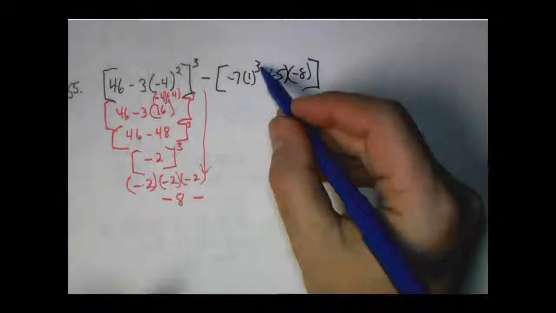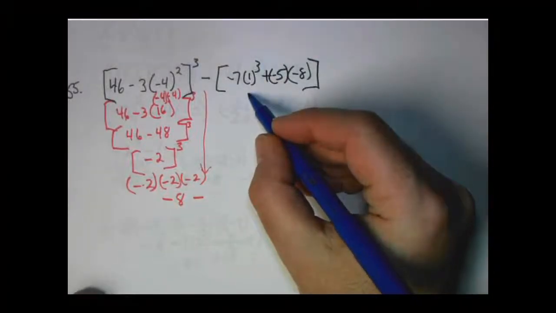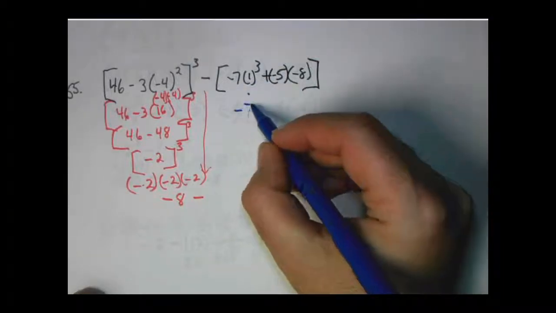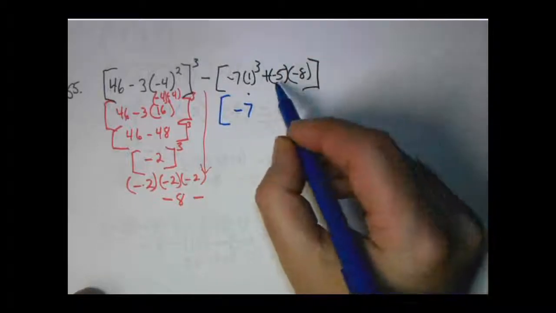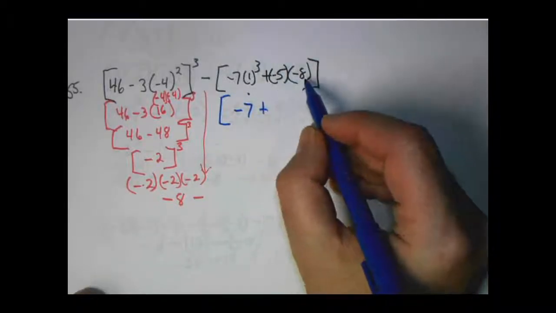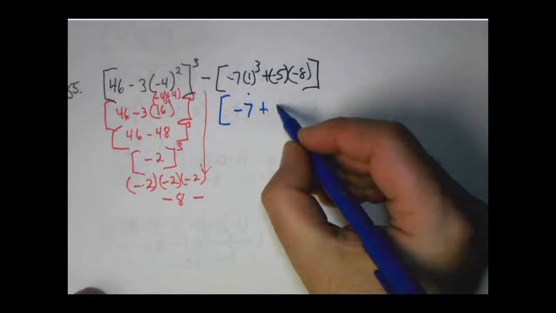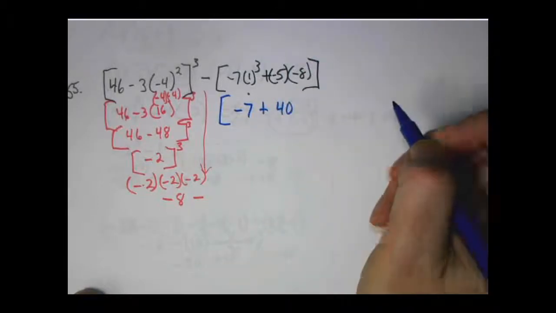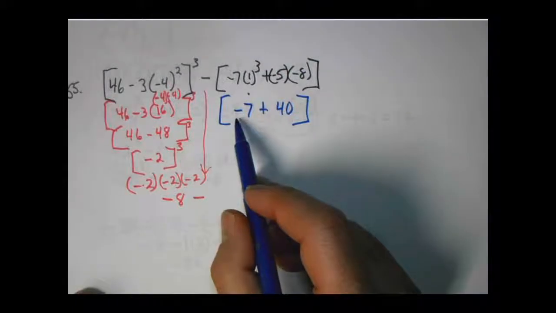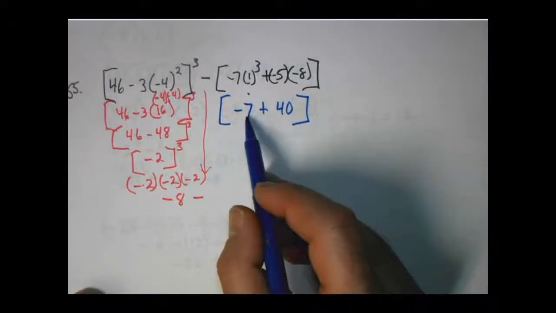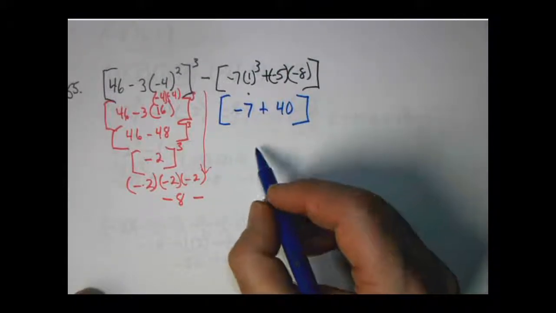Okay, well, 1 to the third, 1 times 1 times 1 is still going to give me 1. Times negative 7 is going to give me negative 7. And then I'm going to add negative 5 times negative 8 gives me positive 40. Correct. Okay, now I have a difference of sign. I have minus 7 plus 40, so I take the smaller one from the bigger one, keep the bigger one's sign.